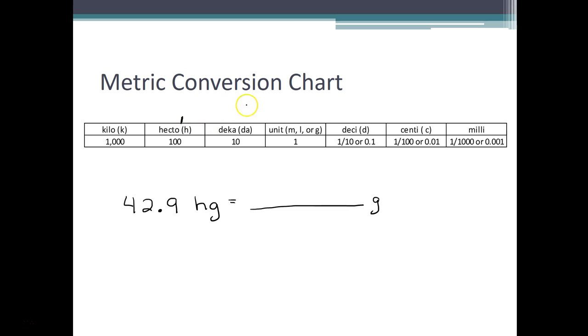This is where we're starting. And we want to convert it to units, grams. So to go from hecto to units, we're having to hop twice to the right. So what that means for us is that we're going to move our decimal twice to the right, so that we end up with 4,290 grams.